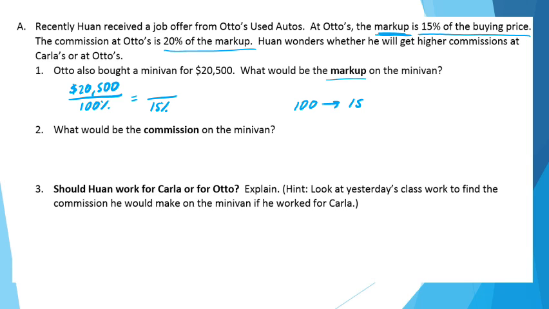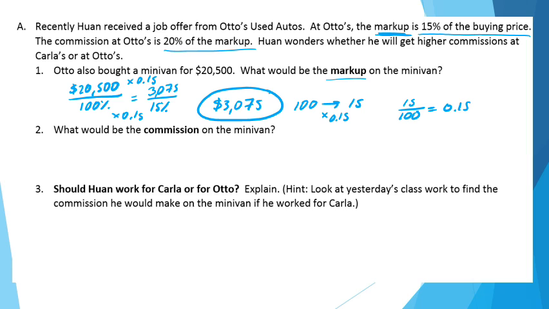But in case you've forgotten, to find my multiplier, I'm going to do 15 divided by 100, which would give me 15 hundredths. In other words, 100 times 15 hundredths would give me 15. So now I'm going to do 20,500 times 15 hundredths. And that gives me $3,075. So the markup is $3,075 on the van.